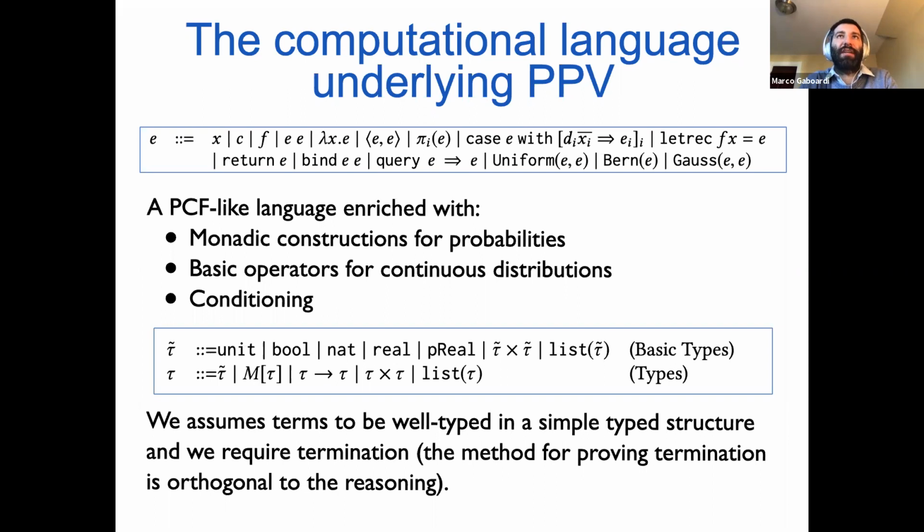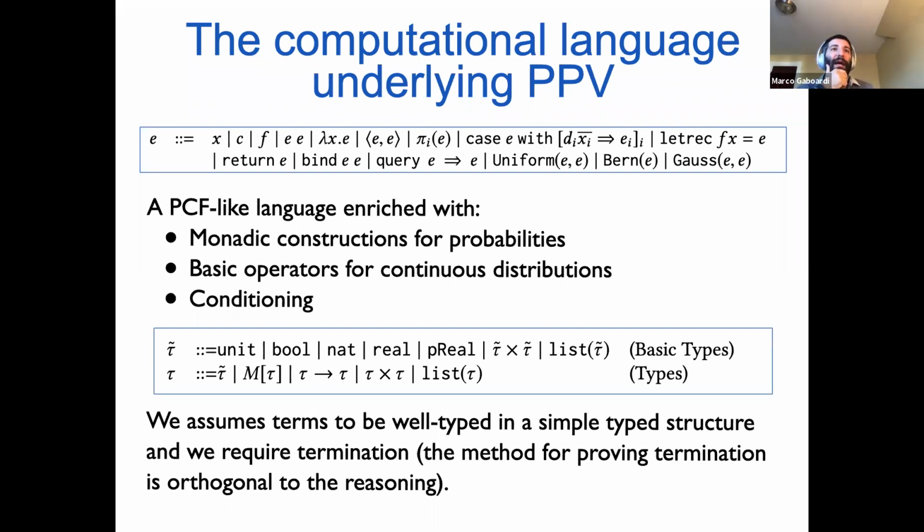Then we have a construction that we call query, written as query E, then a right arrow E, which is used for conditioning, that is, for reasoning about probabilistic update or Bayesian update. The rest of the language is a standard PCF-like language over real numbers.